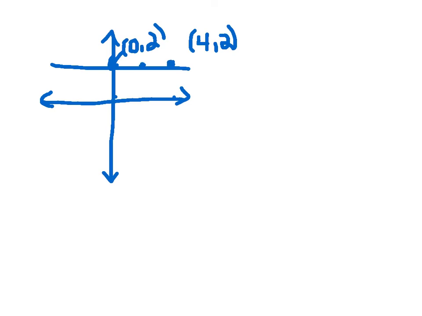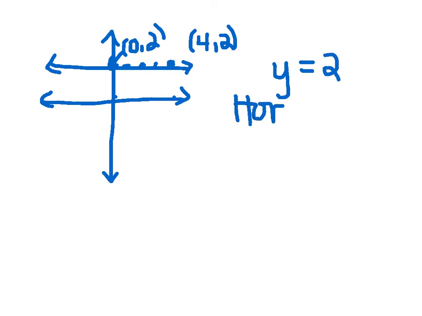Any point on this line, I would have to go over and then up 2. So in a horizontal line, what you'll notice is that y is always the same. And actually, the equation for that is exactly that. Y is always the same. It is always 2 in this case.